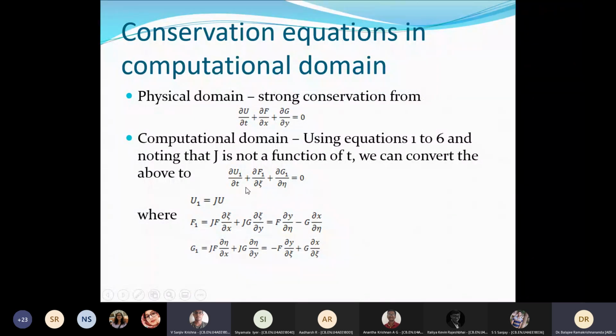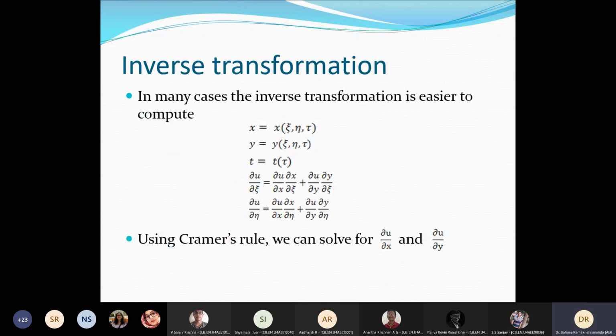Now, if you call u1 so, they can be written again in the form dou u1 by dou tau plus dou by dou zeta of f1 plus dou by dou eta of g1 is 0. Now u1, f1, g1 are actually functions of u, f and g. How they are transformed is like this. How to derive this? You can derive f1 and g1 using these 6 equations.